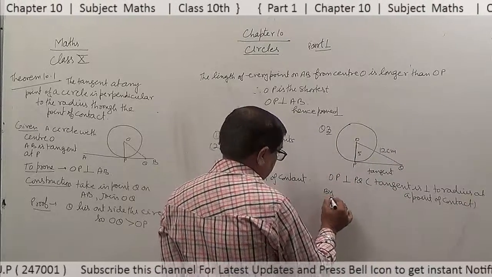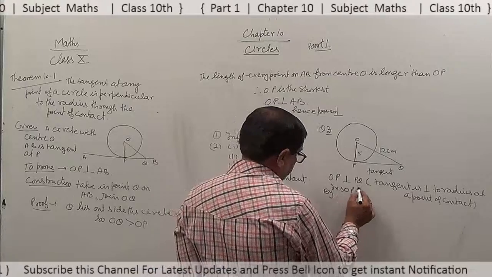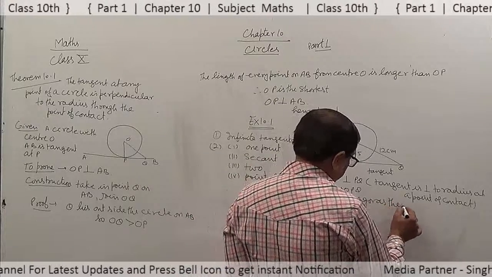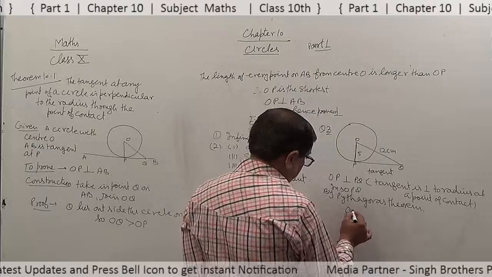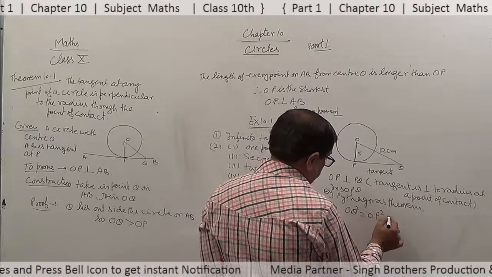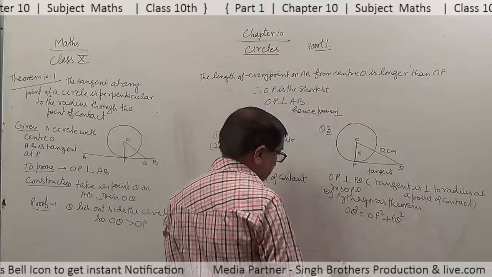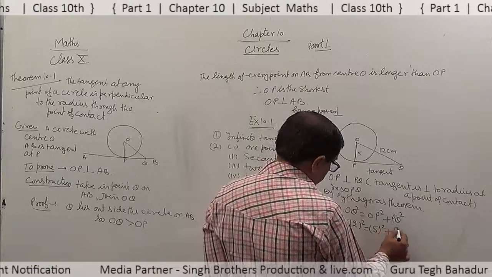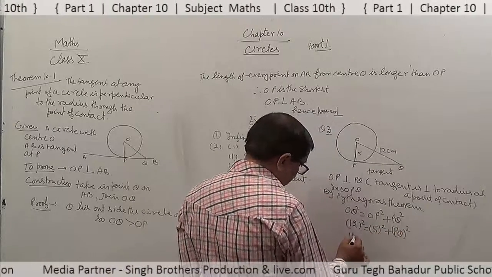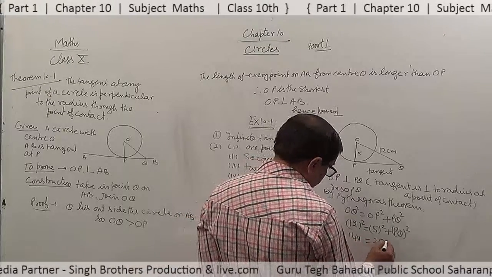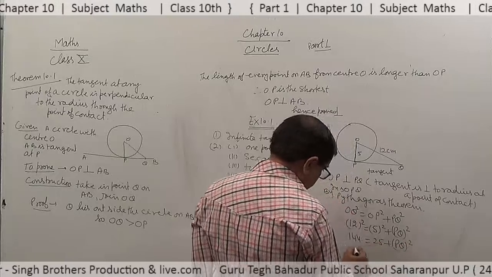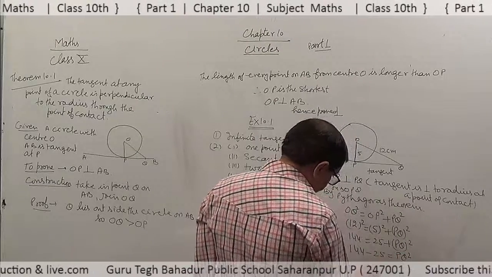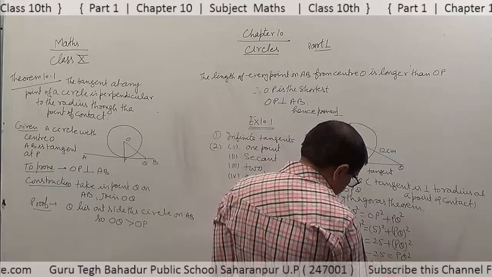So, by Pythagoras theorem in triangle OPQ, OQ square is equal to OP square plus PQ square. 12 square is equal to 5 square plus PQ square. 144 is equal to 25 plus PQ square. 144 minus 25 is PQ square, and PQ square is 119.